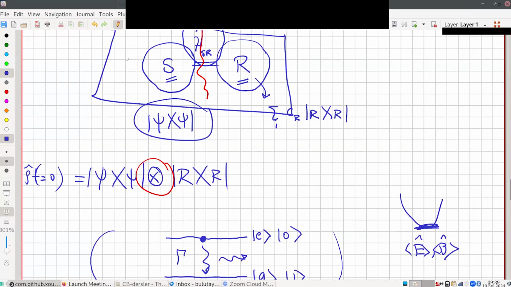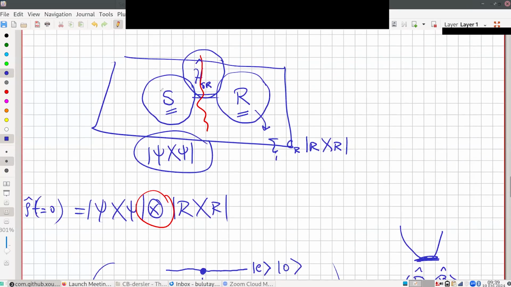But if you just keep track of the system degree of freedom, you are ignorant about the reservoir degree of freedom, which you cannot keep track of. But doing so, you are causing entropy and you are causing statistical mixture in your knowledge.